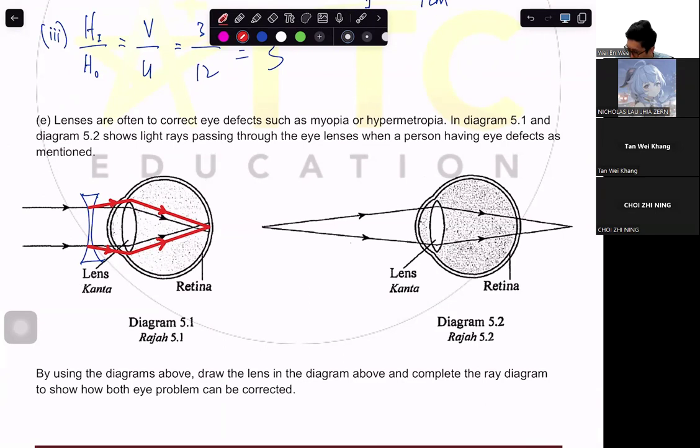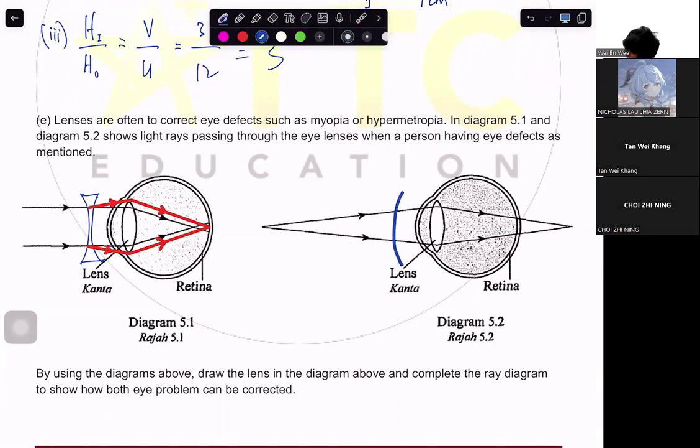Now, what about for long-sightedness? Long-sightedness is that your lens cannot focus the light enough. It's not focusing it strongly enough. It's focusing it too little already. It's bending too little. So I have to add a lens that is the same shape as my eye lens so that it can help him focus. Correct or not?